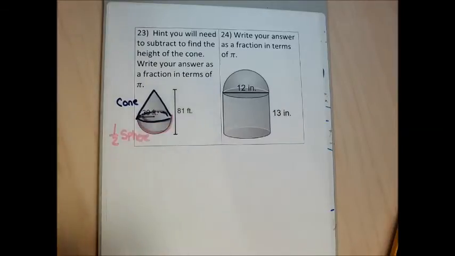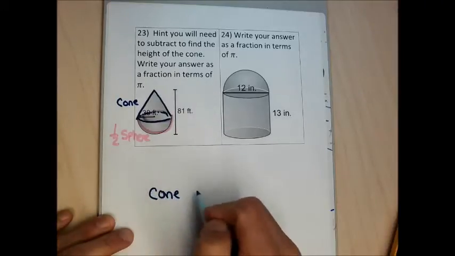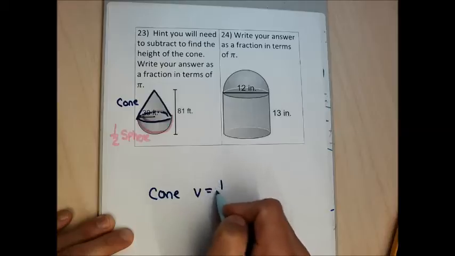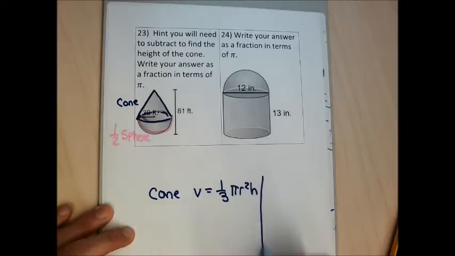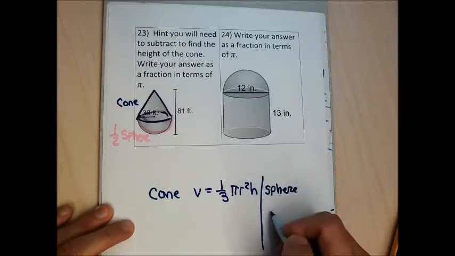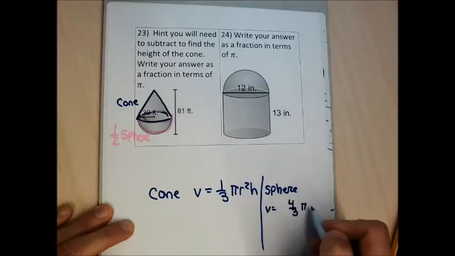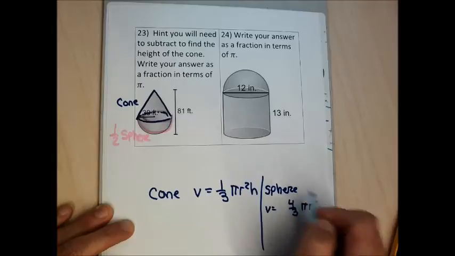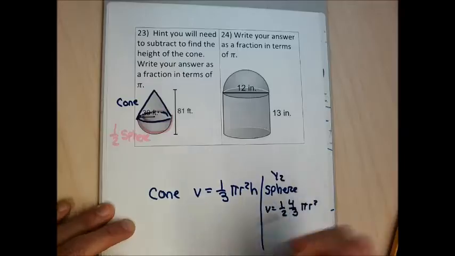So I need both of those formulas. The cone's volume formula is 1/3 pi r squared h, and the sphere's volume formula is 4/3 pi r cubed, but I'm doing half a sphere, so I'm going to multiply that by 1/2.